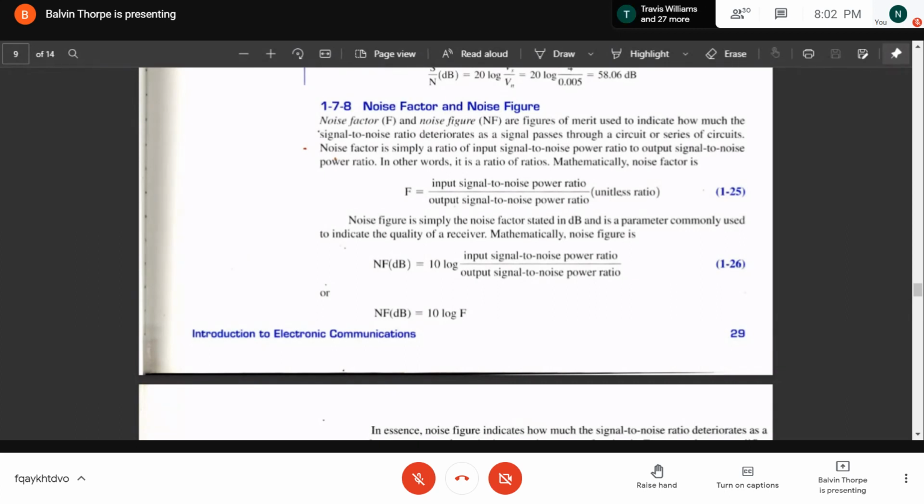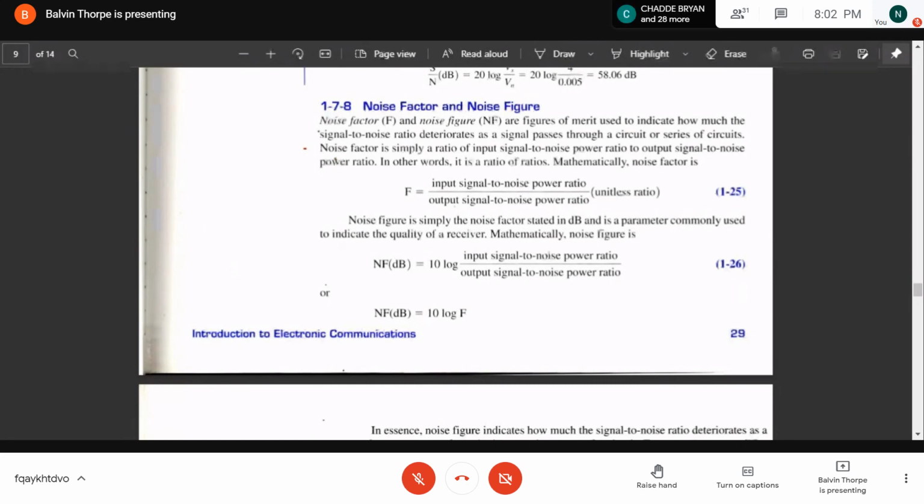The factor, noise factor, is the ratio of the signal to noise power at the input of a system over the signal to noise ratio at the output of the same system.